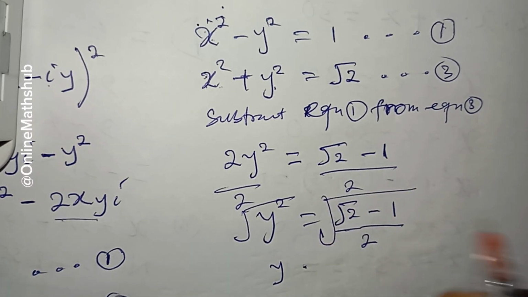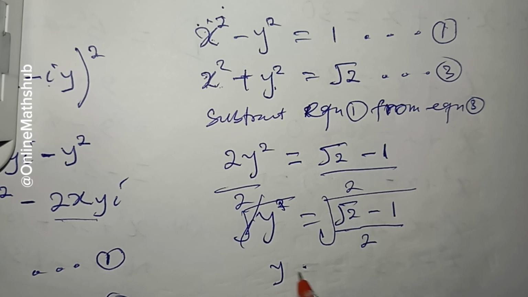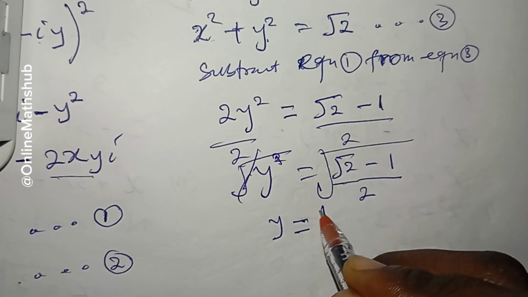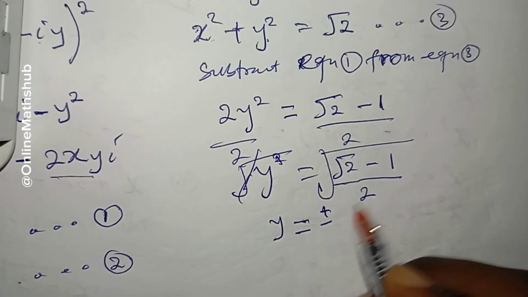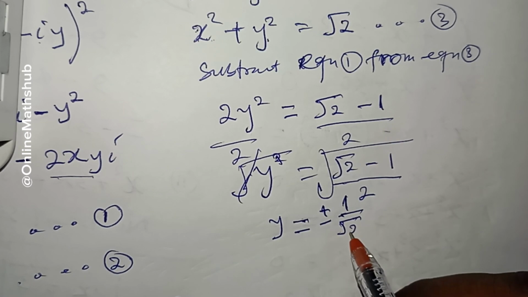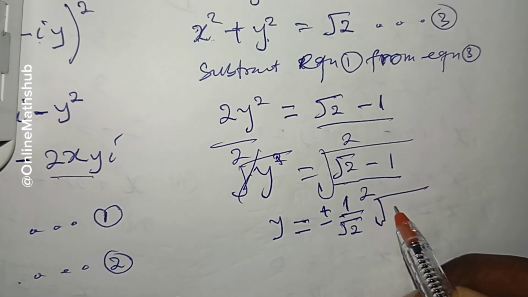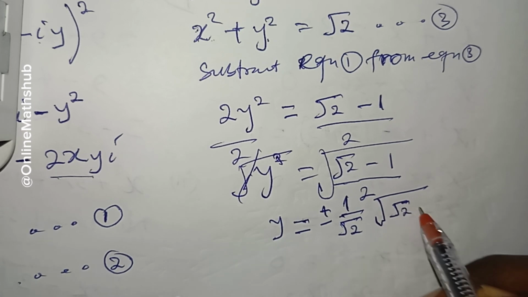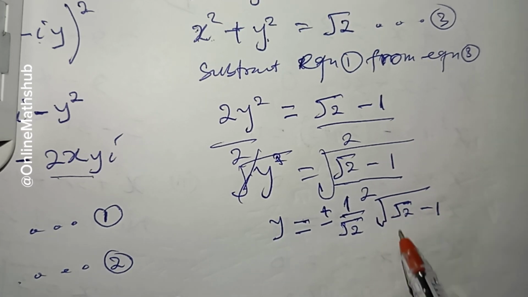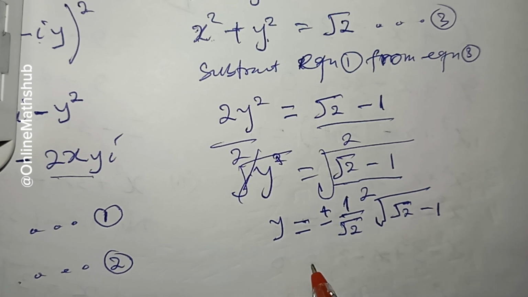The square root cancels the square, so that y is now equal to, and because of the square root, I'm going to add a plus or minus. I also factorize out 1 over root 2, and then multiply by the square root of root 2 minus 1. So this is going to be the value of y.